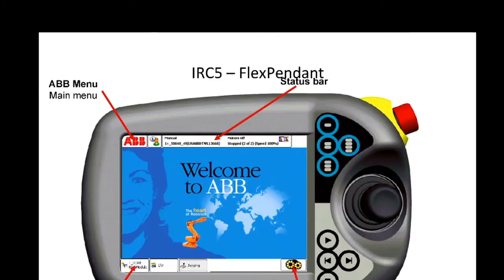Between the controller and robot, how can we communicate, how can we tell the robot to move, how can we program the robot? We need something to type something, something to do some activity.